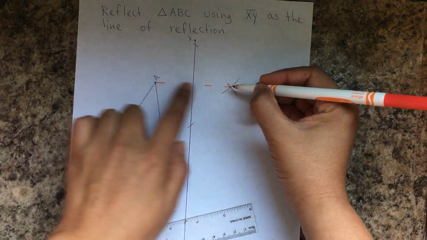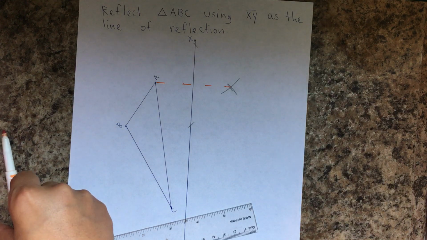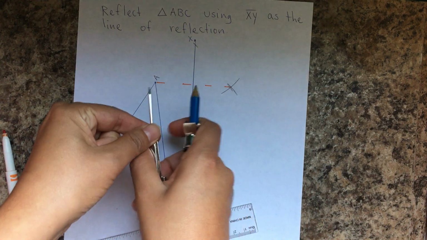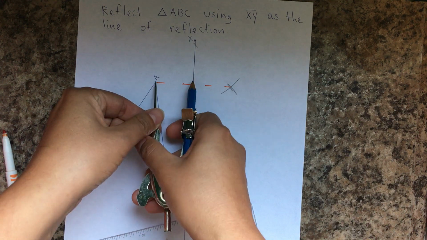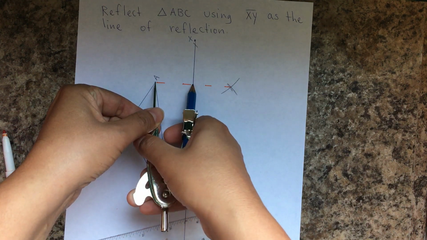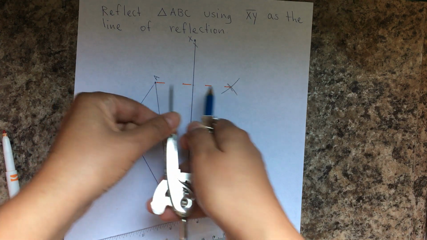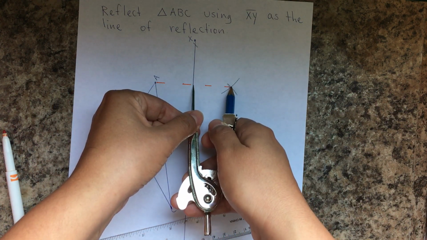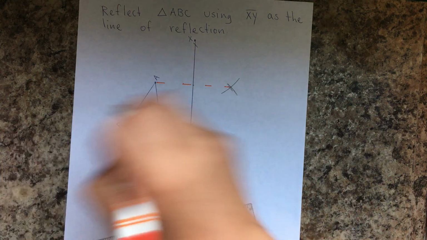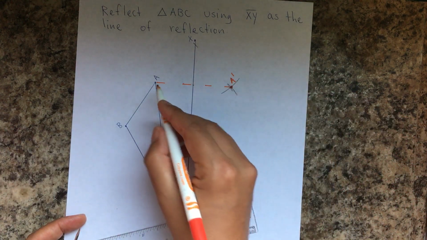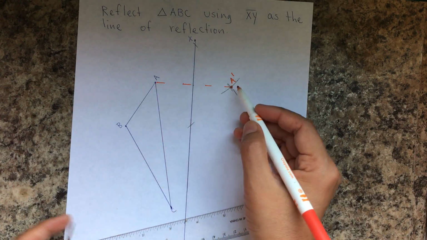Since I didn't open or move my compass, that should be point A prime, but I'm gonna measure it just to make sure. Sometimes if you did open your compass, this side will be a little smaller or bigger. See, that's point A prime. So that's where it reflects.